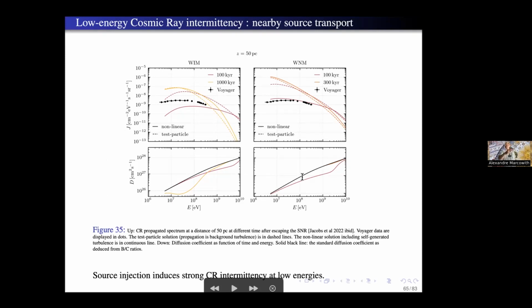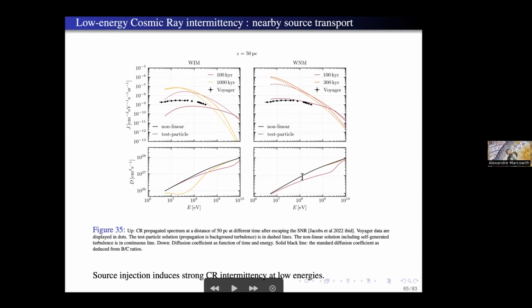Okay, just to show you that the cosmic ray spectrum at low energy can be very intermittent. Here is the same model I showed you for supernova remnant escape at 10 GeV, remember, for some phase, the warm neutral medium, but now at MeV energy. These authors have done the same at low energy.